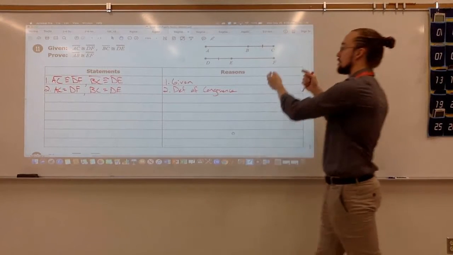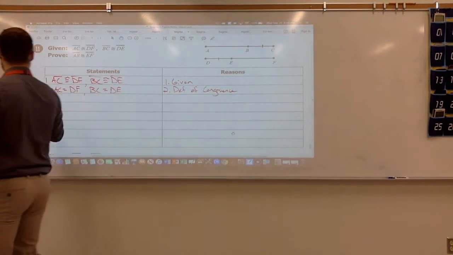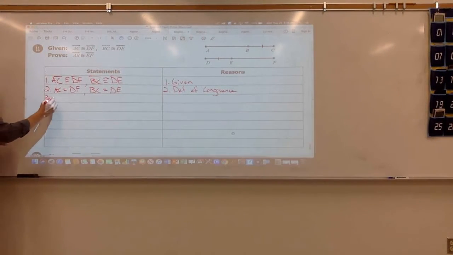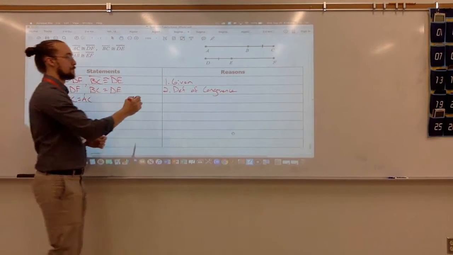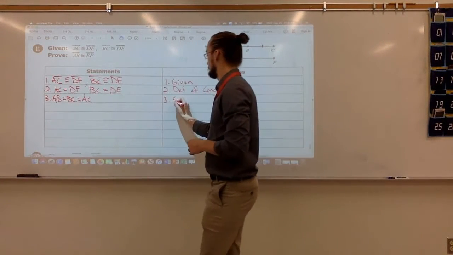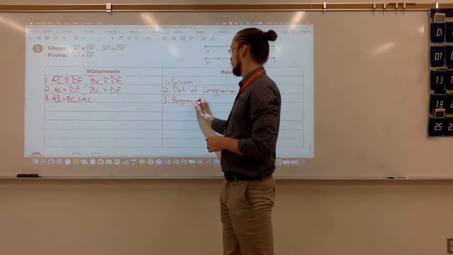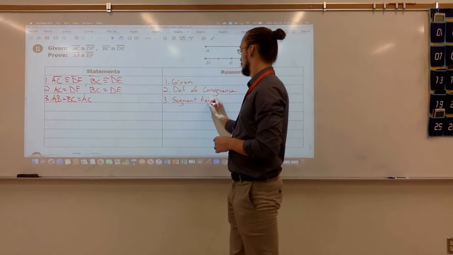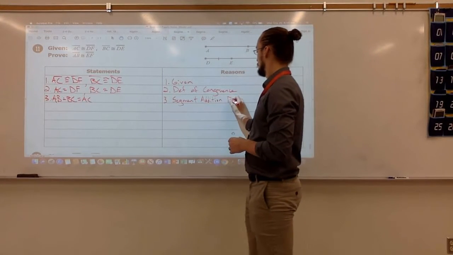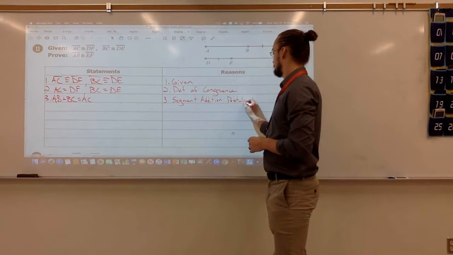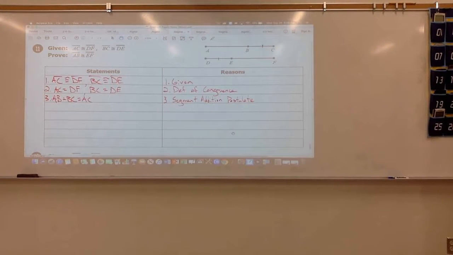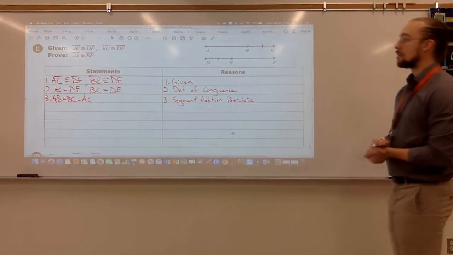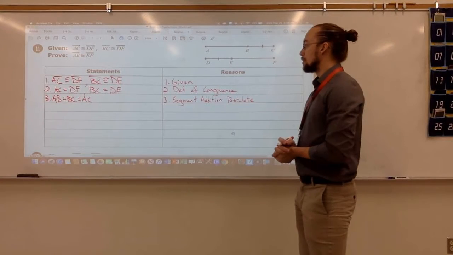Sure. Yeah, well, let's use the diagram and use the segment addition postulate, right? So we can say AB plus BC equals AC. What else do we know? AB plus DE.